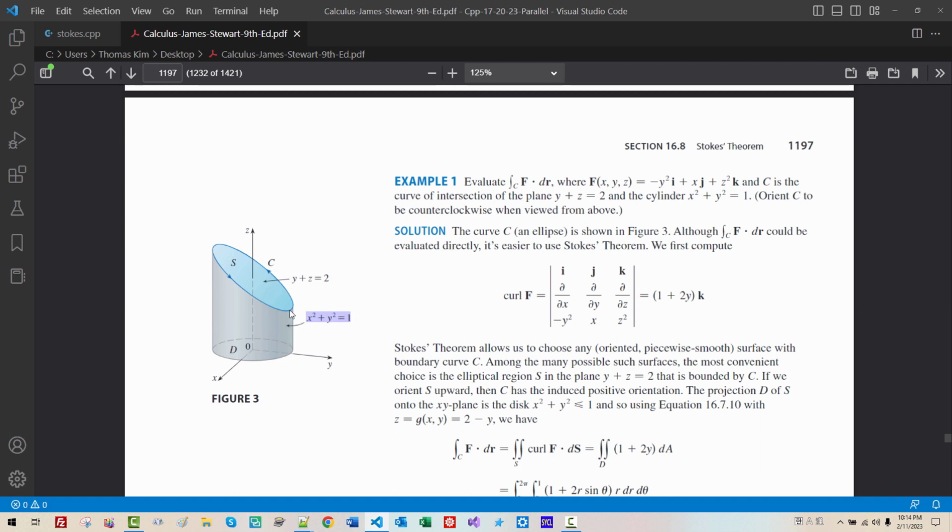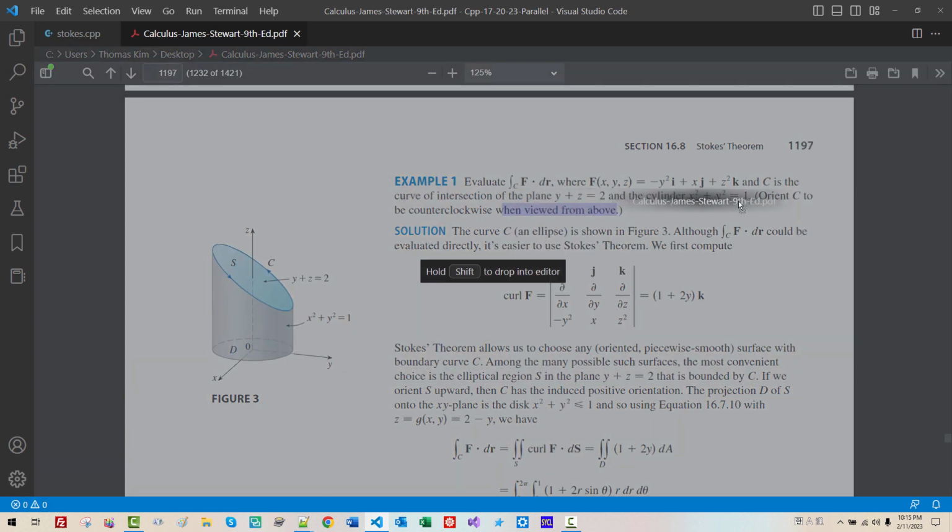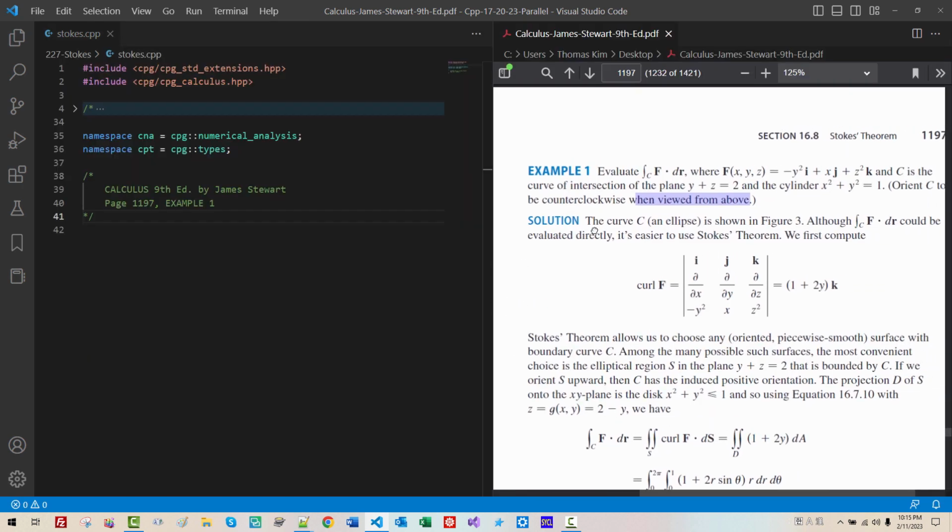This cylinder. Orient C to be counterclockwise when viewed from above. This boundary curve C should be oriented counterclockwise when viewed from above.